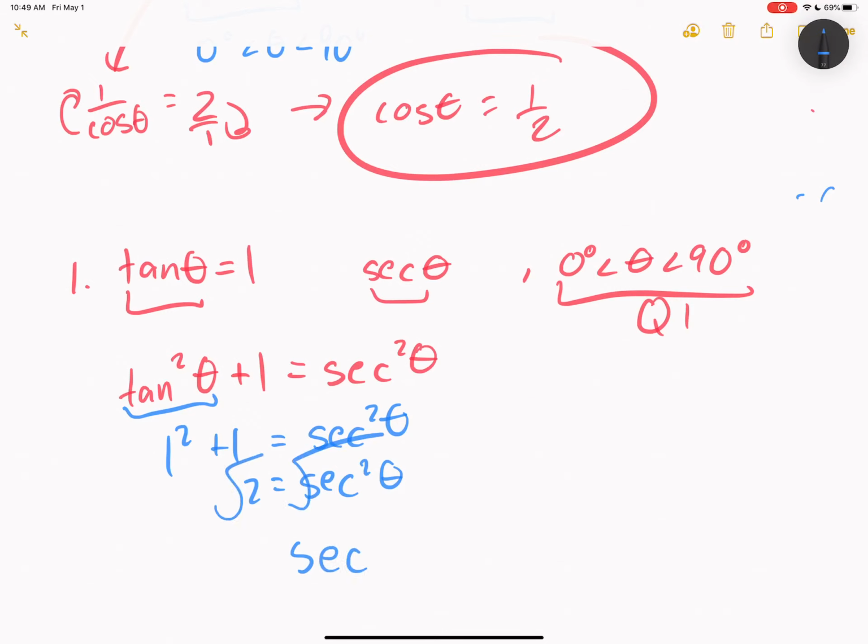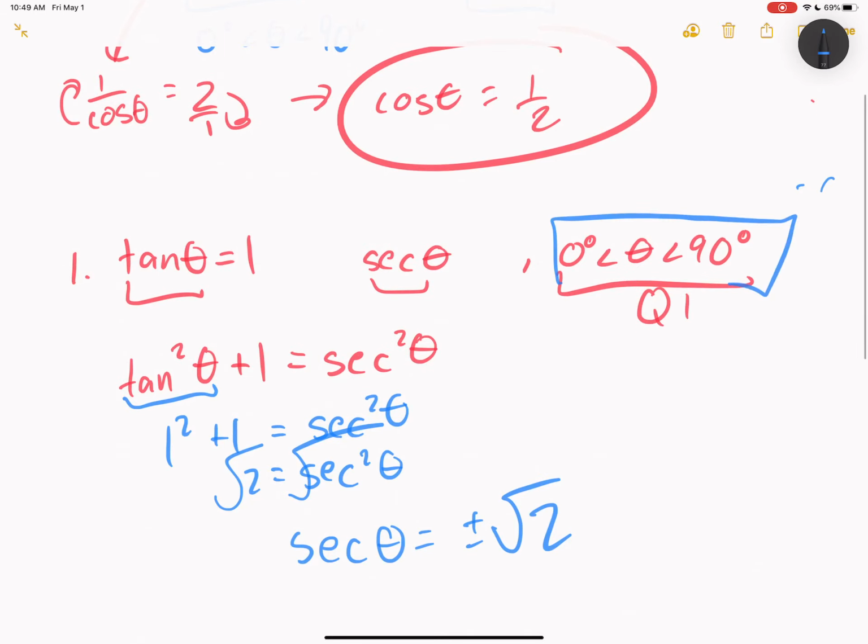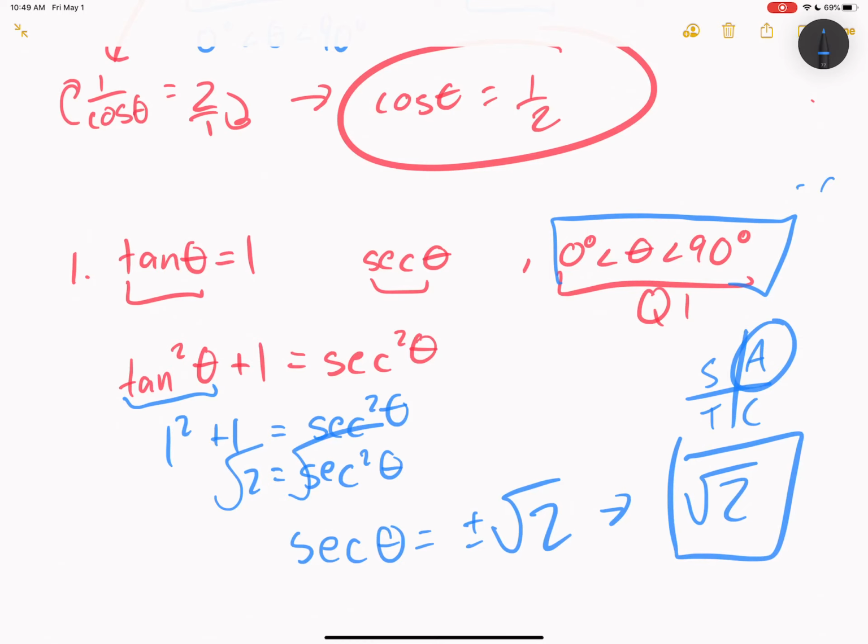But if I square root, I should get plus or minus radical 2. But because I'm in quadrant 1, remember that all students take calculus, so I'm going to take the positive one. So radical 2 would be your final answer. Okay. All right, the next problem I want to take on is number 5.